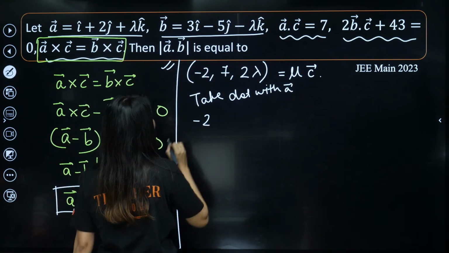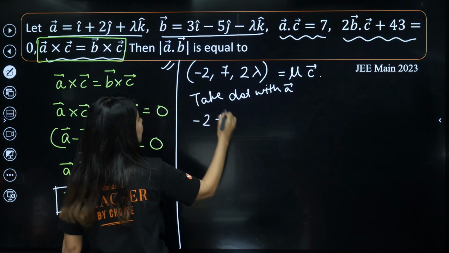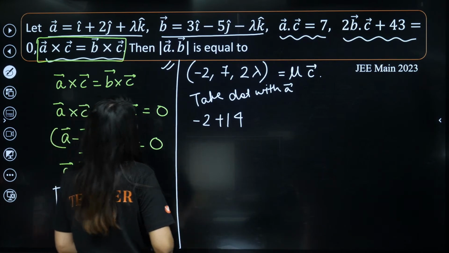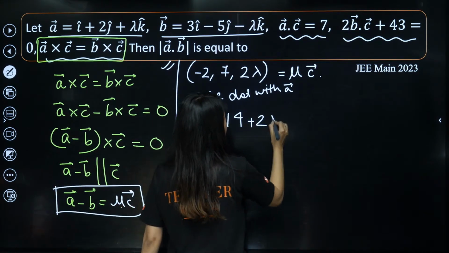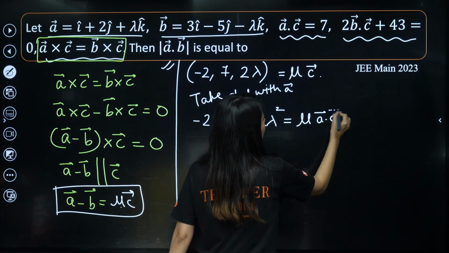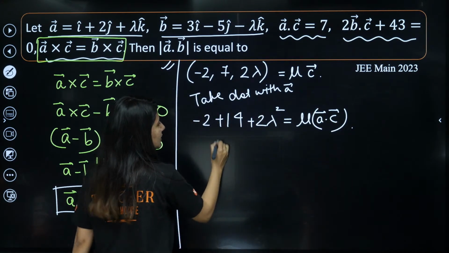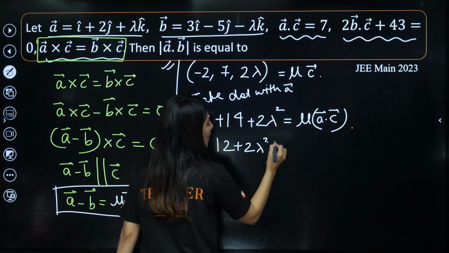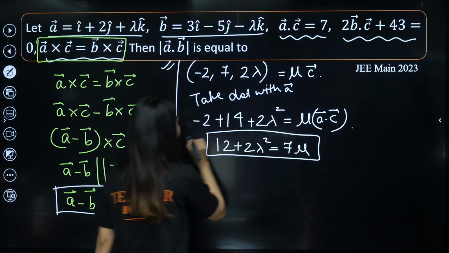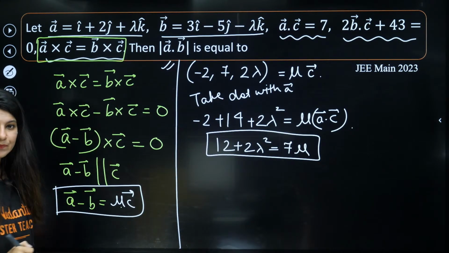So that would be minus 2 plus 7 2s are 14, right? And then we have what? 2 lambda square is equals to what? Mu times A dot C, right? So this will be 12 plus 2 lambda square is equals to 7 mu. This is our very first equation, right?